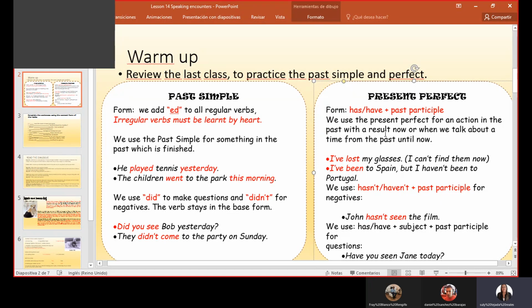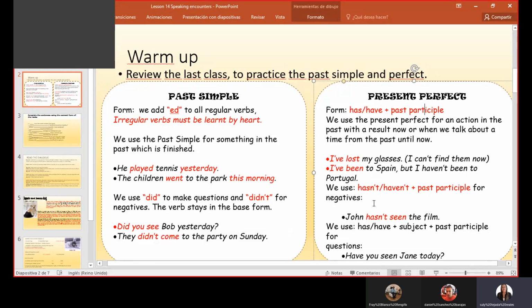And the past participle. So we use the present perfect for an action in the past with a result now, or when we talk about a time from the past until now. For example, I have lost my sunglasses. I can't find them now. I have been to Spain, but I haven't been to Portugal.